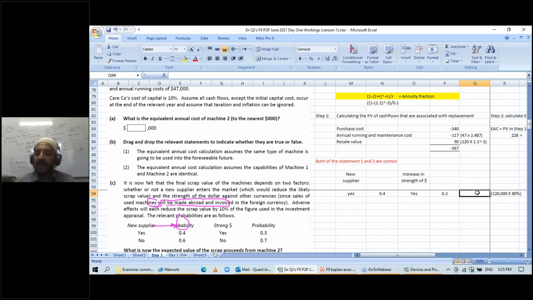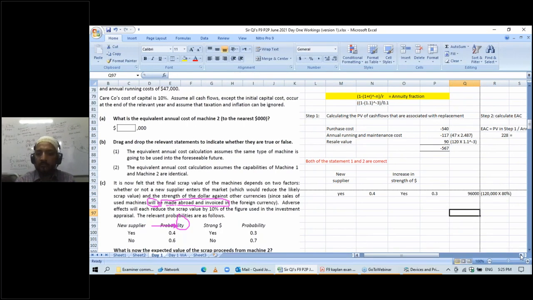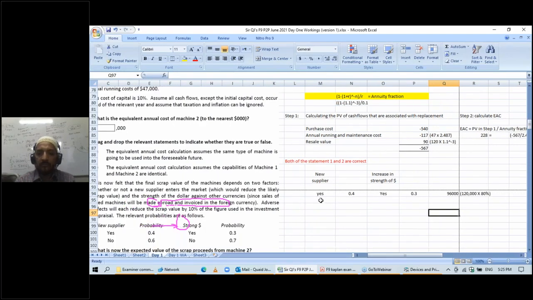A 10% decline due to each. So this makes 120,000 multiplied by 0.8. This gives you 96,000, right? Now, this was the first possibility.